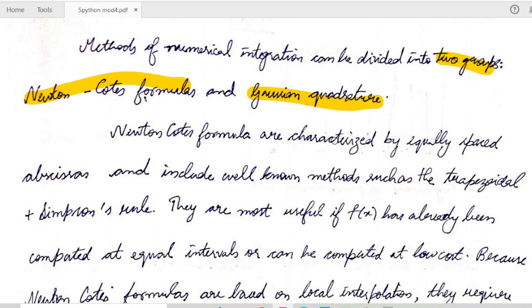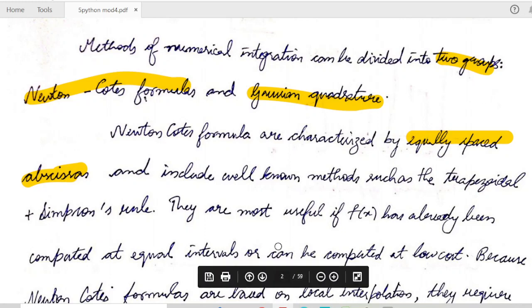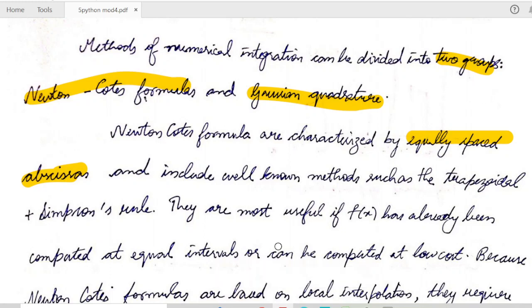Newton-Cotes formulas are characterized by equally spaced abscissas and include well-known methods such as the trapezoidal and Simpson's rule. Basically, we split our interval equally into small intervals.